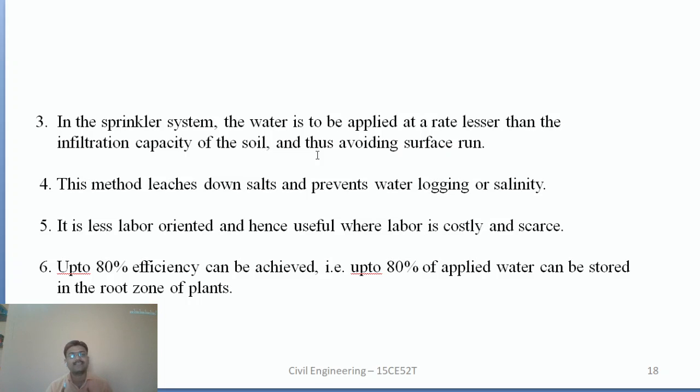But in sprinkler irrigation, it will not happen. All the water sprayed on the crop in the irrigation field will be absorbed by the root zone. Hence the surface runoff is reduced.